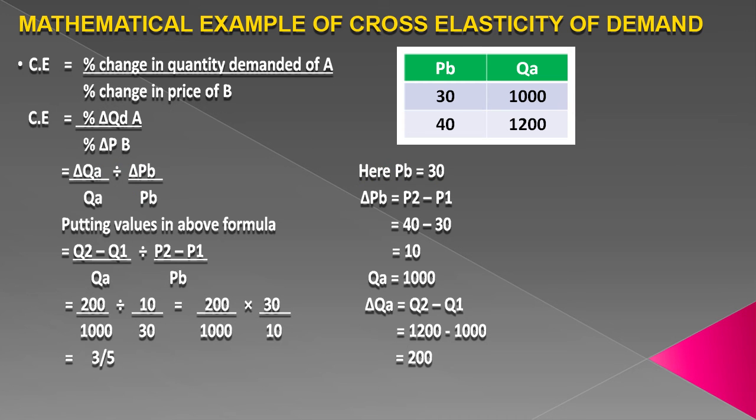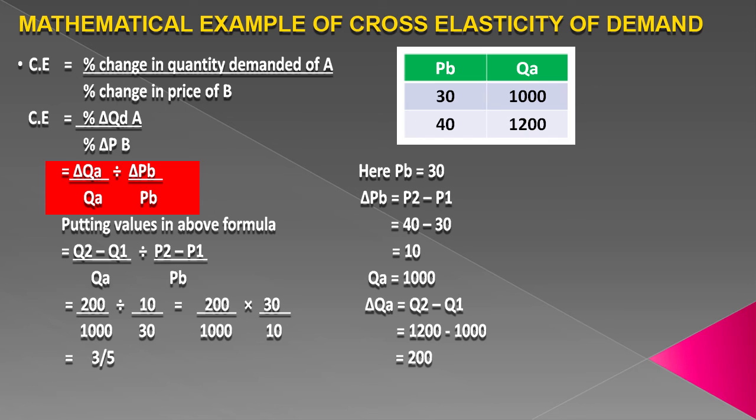Mathematical example of cross elasticity of demand. We can derive cross elasticity of demand with the help of a given table. The formula for cross elasticity of demand is percentage change in quantity demanded of commodity A divided by percentage change in price of commodity B, or we can write it as delta QA over QA divided by delta PB over PB.